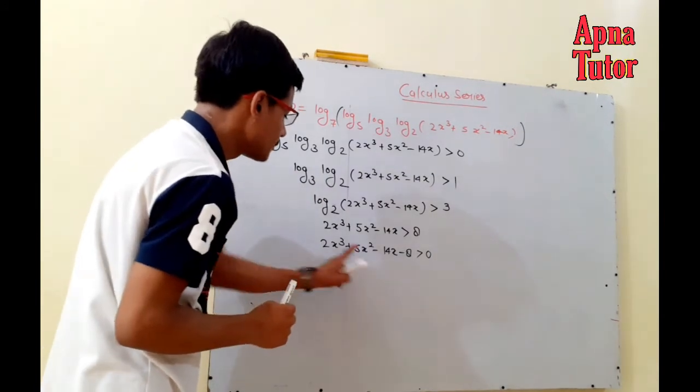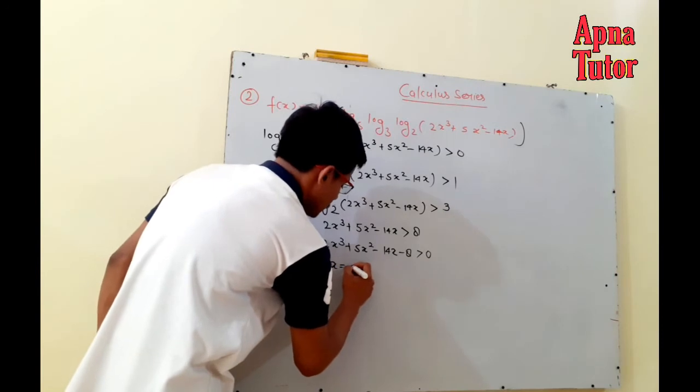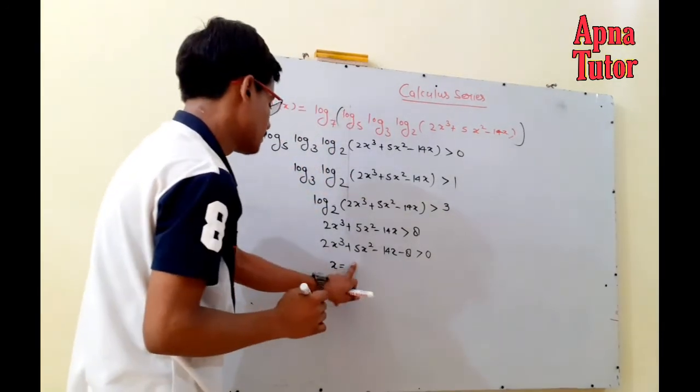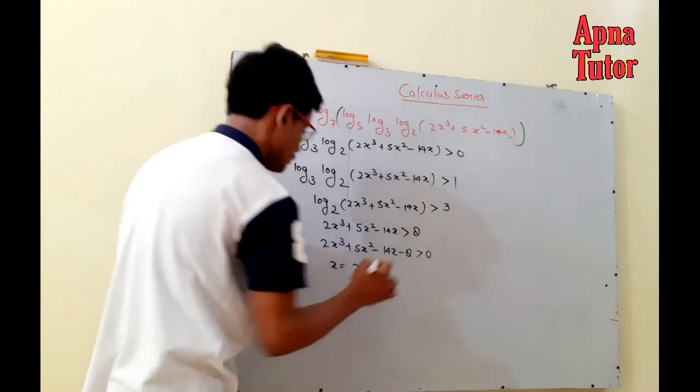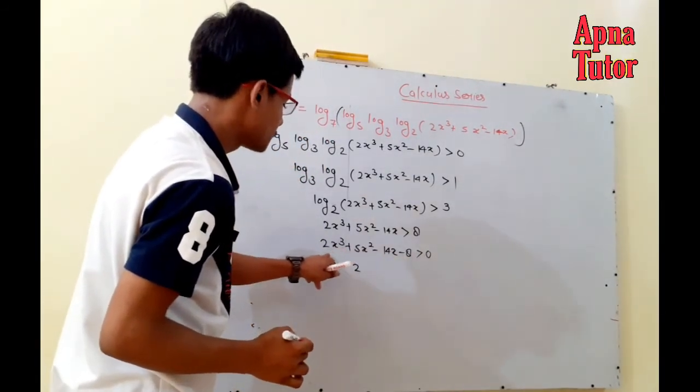When you put x equal to 2, what will come out: 16 plus 20 minus 28 minus 8, which is 0.